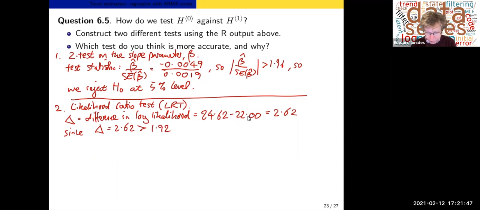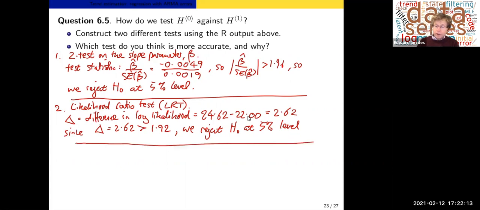That's from Wilks's theorem. Again, we reject H0 at the 5% level. Maybe I could have calculated those p-values, but I can't do it so easily right while I'm talking.